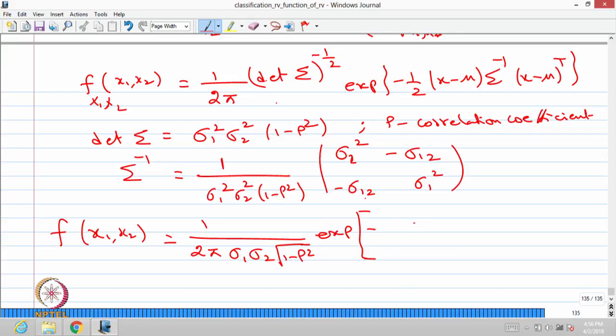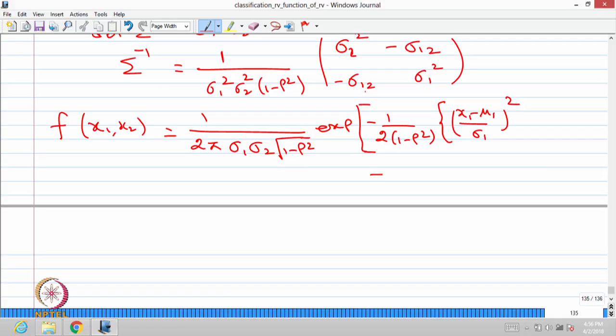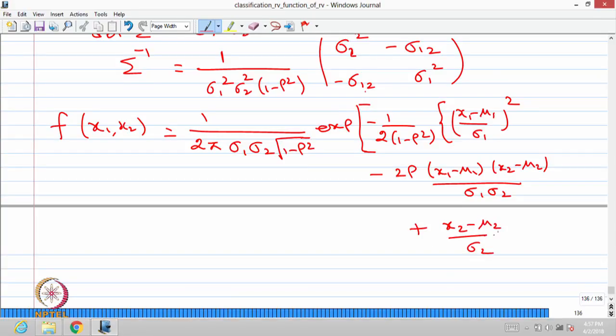minus 1 by 2 times 1 minus rho square multiplied by, x1 minus mu1 divided by sigma 1, the whole square, minus 2 times rho, x1 minus mu1 times x2 minus mu2 divided by sigma 1 sigma 2, plus x2 minus mu2 divided by sigma 2, the whole square.